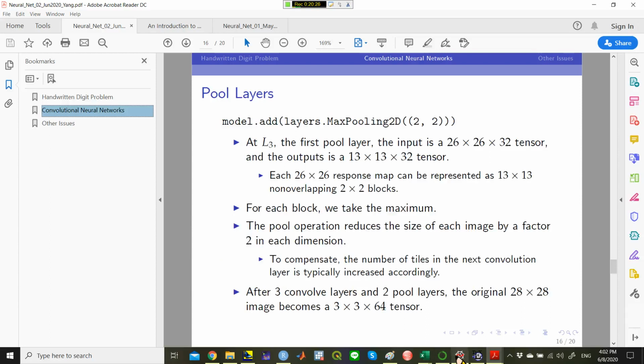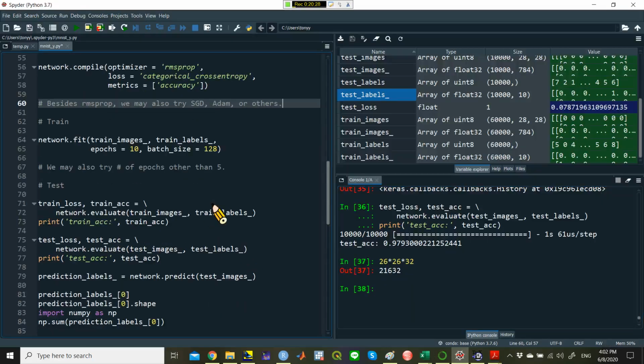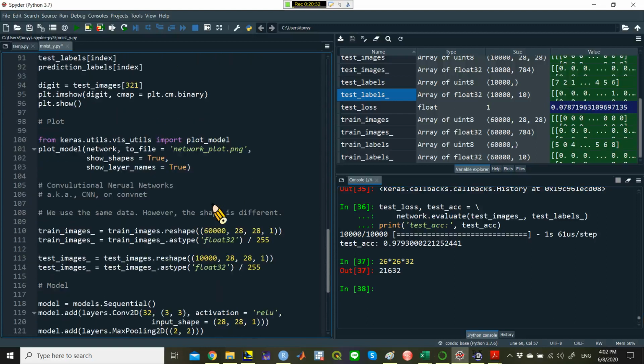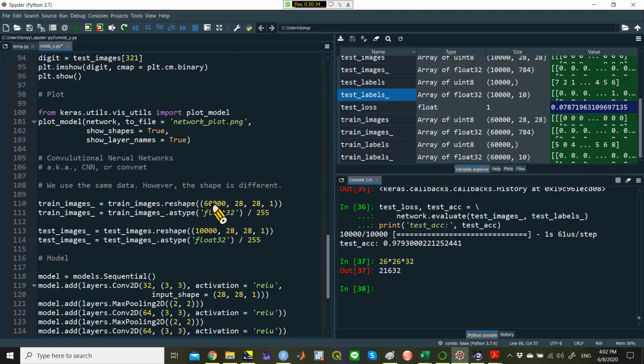So that is what we do. Let's go to our code, for example. If you go down and down, you'll see this is the part I wrote for the convolutional neural networks, also known as the CNN or the ConvNet. The first part is the reshape and transformation. Here we're doing something a little different.